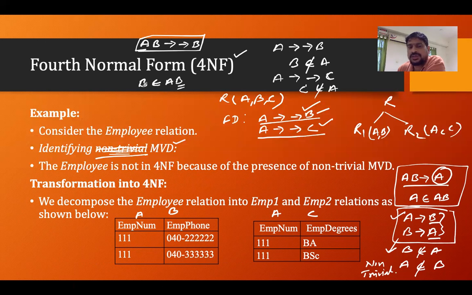So B belongs to AB, or B is a part of AB. So this is called trivial. If we have a trivial multi-valued functional dependency, it is not violating fourth NF. But if we have a non-trivial multi-valued functional dependency, it is violating fourth NF, and we have to split the table. So AB will be in one table and AC will be in another table. This is how it will go.